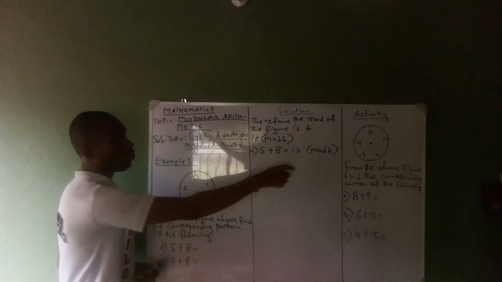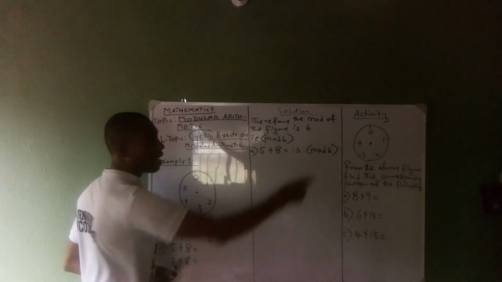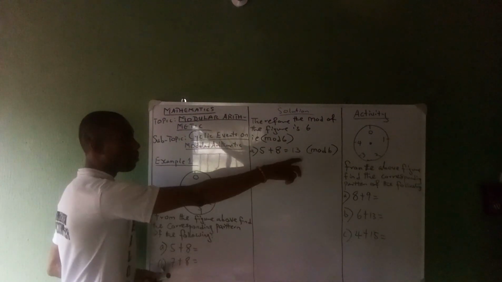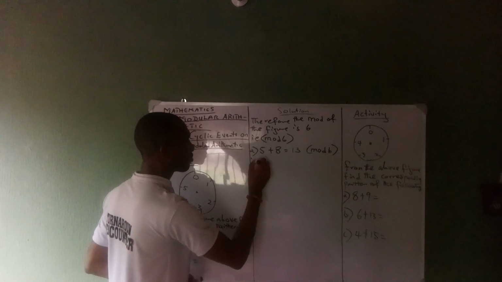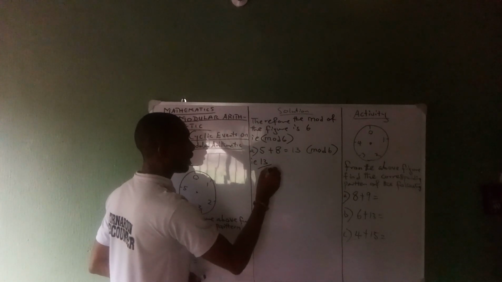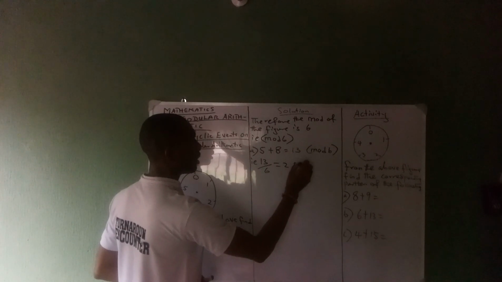So there is need for us to reduce this 13 in such a way that it will not exceed 6, which is the mode pattern of this figure. So we say 13 divided by 6. 13 divided by 6 will give us 2 remainder 1.